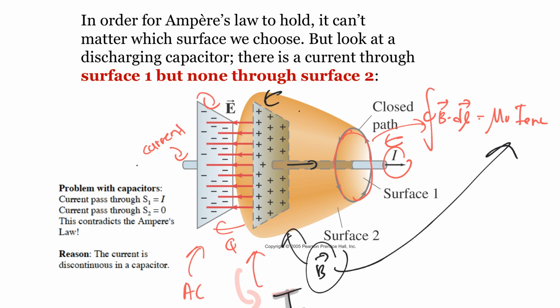So how do we improvise the formula? You can see that for this right side part, we are going to add another term to make sure that even though there's no current inside the closed area, if there's a change of electric field, it also can produce a magnetic field.